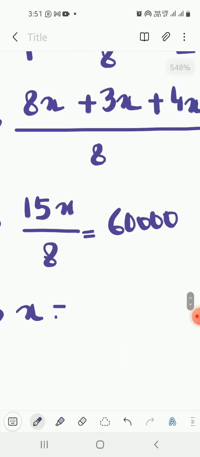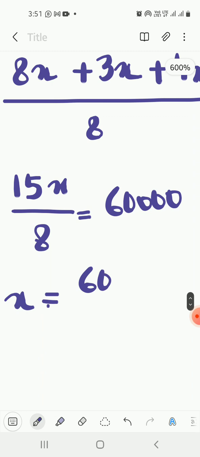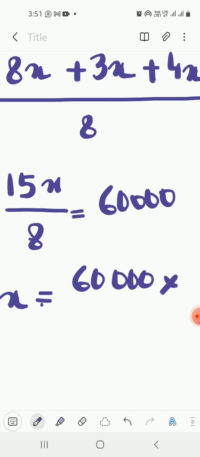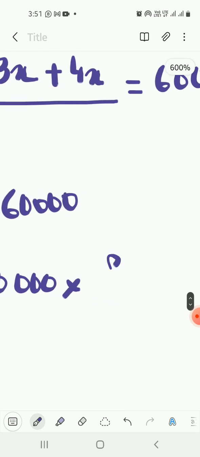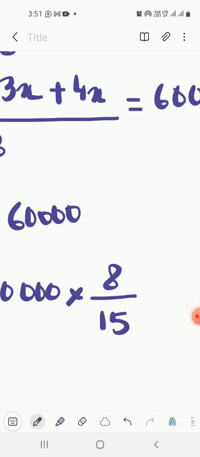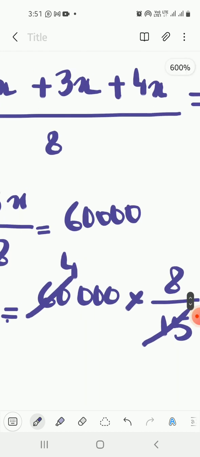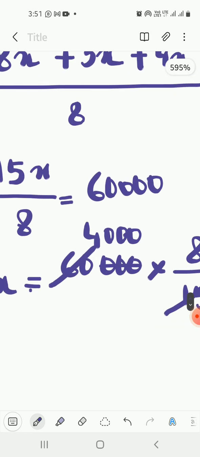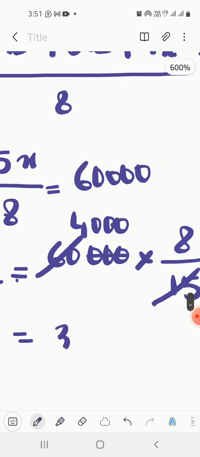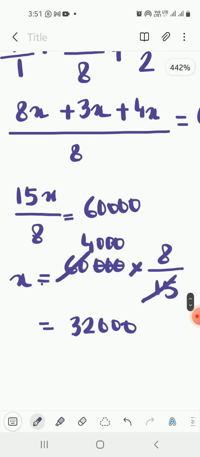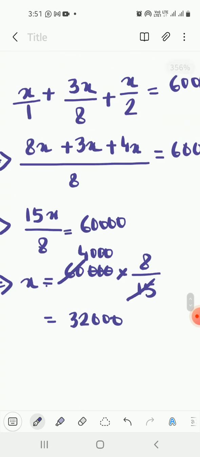Therefore, x will be equal to 60,000 into the reciprocal of 15 by 8, which is 8 by 15. 15 fours is 60 and 3 zeros. 4 into 8, 32 and 3 zeros, 32,000 is the value of x. This x means the mother's contribution.